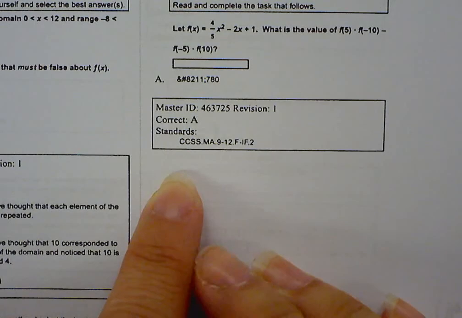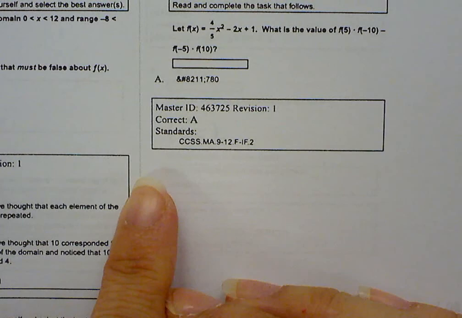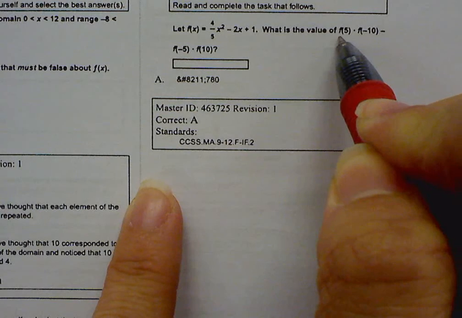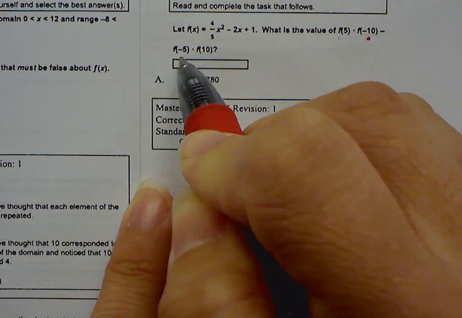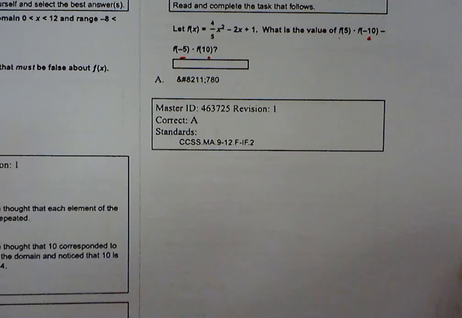It was long. Okay, so what are they asking you to do? Plug in 5, plug in 12, -10, plug in -5, plug in -10. You have to multiply these, multiply those, and subtract them. So it's just going to be a lot of work. Number 12.